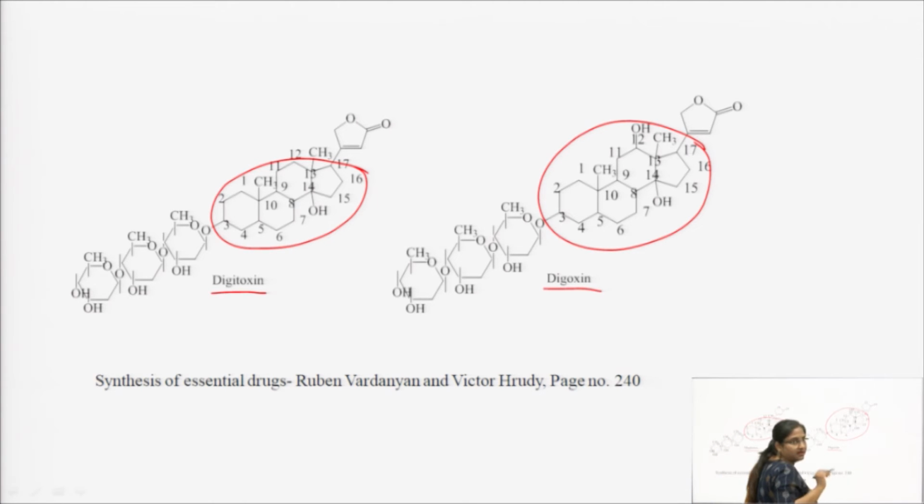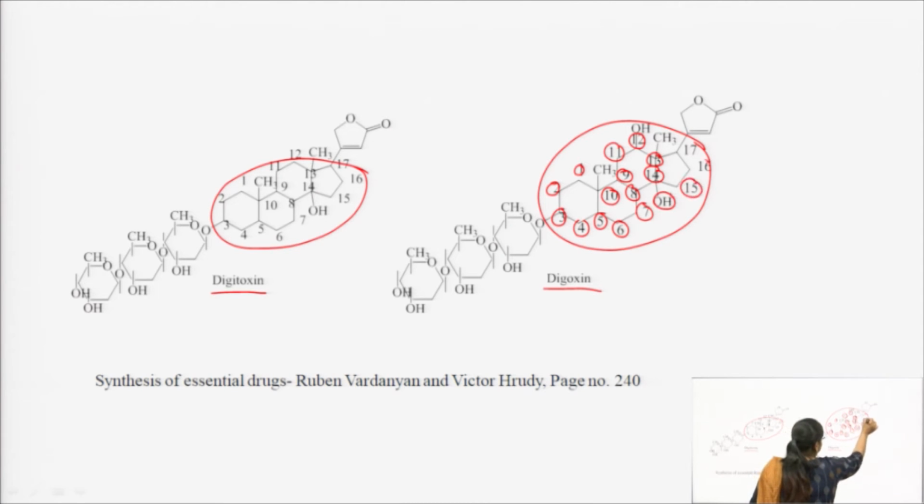If we see the numbering, it starts from here: 1, 2, 3, 4, 5, 6, 7, 8, 9, 10, 11, 12, 13, 14, 15, 16 and 17. Sorry, this is the OH group.